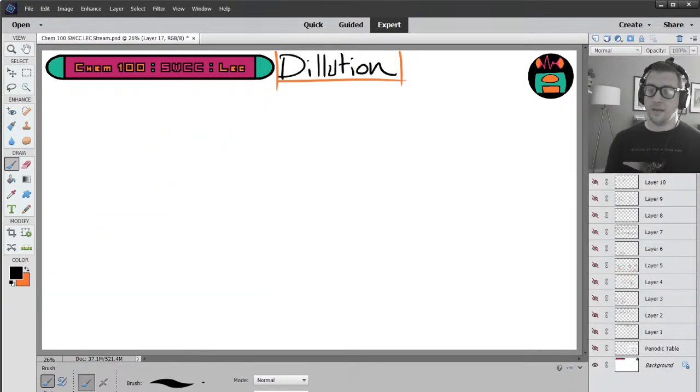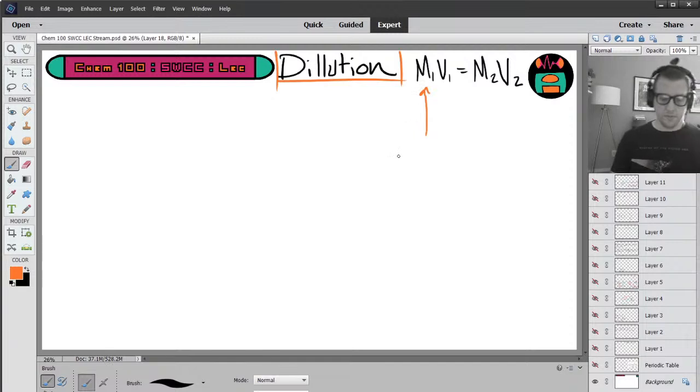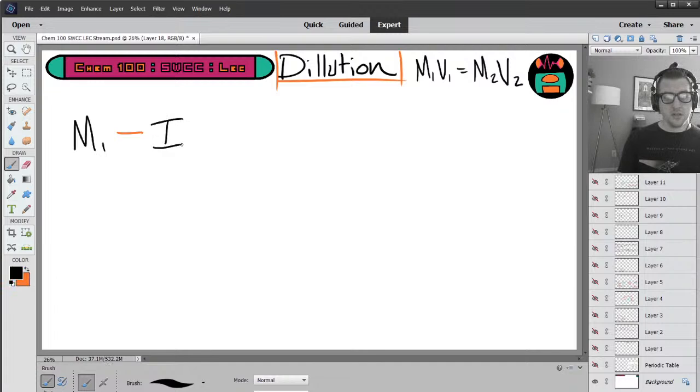So dilution's super practical, super hands-on, and there's an equation for it. The dilution equation is M1 V1 is equal to M2 V2. M1 is initial concentration.